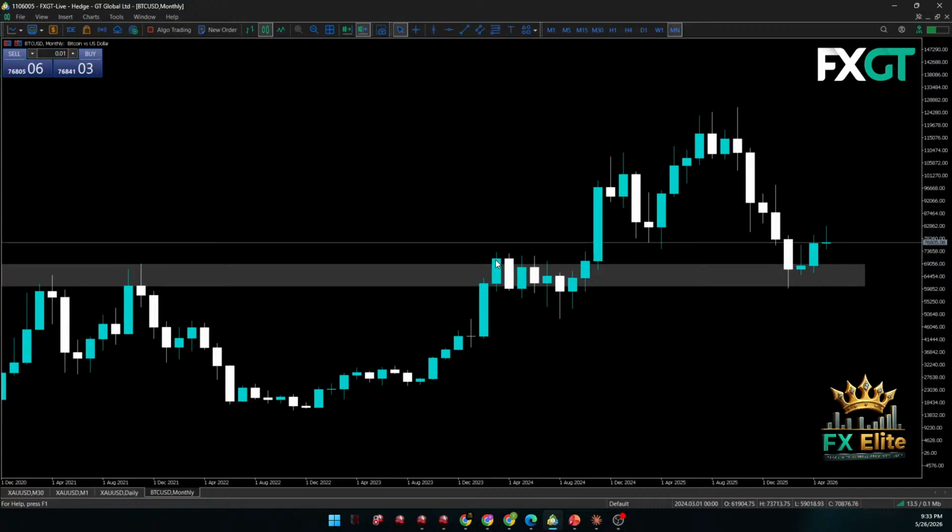So this is what we call a breakout. This is what we call a rejection. After that, it retested the zone after the breakout, and then it goes back up. And then now, after a while, the price went back down again, and this becomes another support.